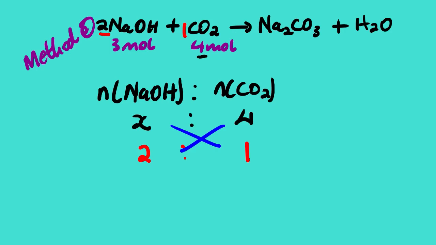Then from here, we have to cross multiply. X multiplied by this, we have X. 2 multiplied by 4, we have 8 mole. So this is the second number of mole that I was referring to in the first method. The first number of moles, we have 3 mole, and then we need 8 moles, but we can see that we don't have enough, so it means that our sodium hydroxide is the limiting reagent.